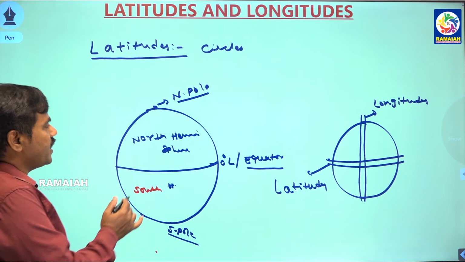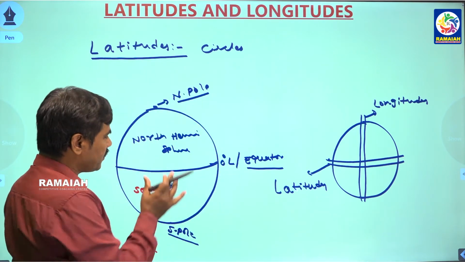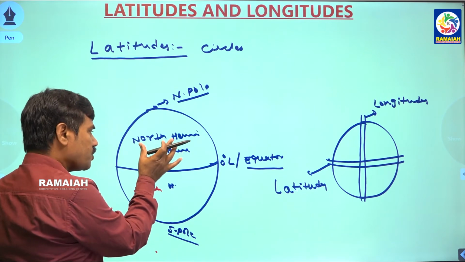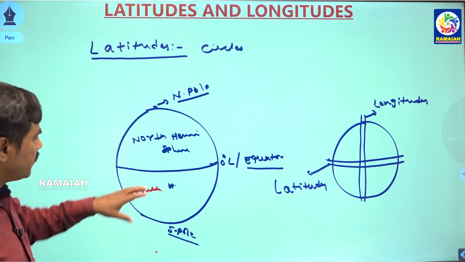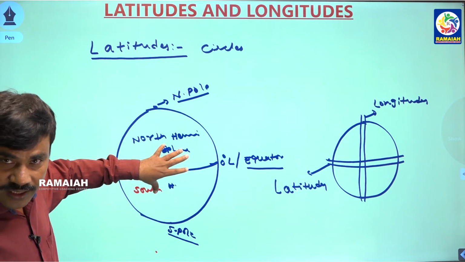Each latitude is in the shape of a circle. Half of the latitude is on the back side, and we see only the front half of the earth surface.